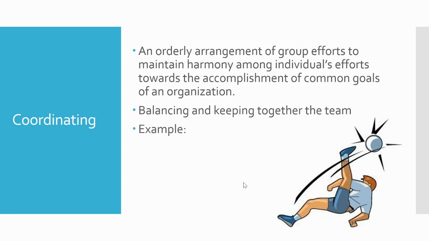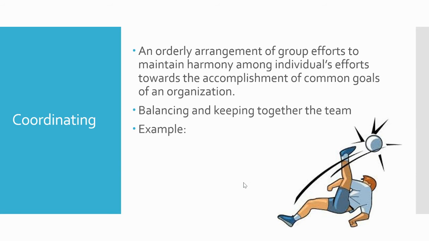Here I have taken an example of the football team. If you have seen a football team, or any other sports team, they coordinate among themselves and maintain the coordination. They balance and work together in order to achieve their goal, in order to win.